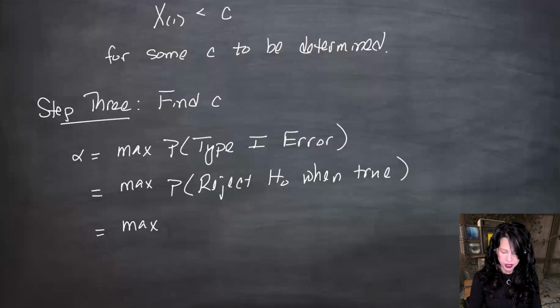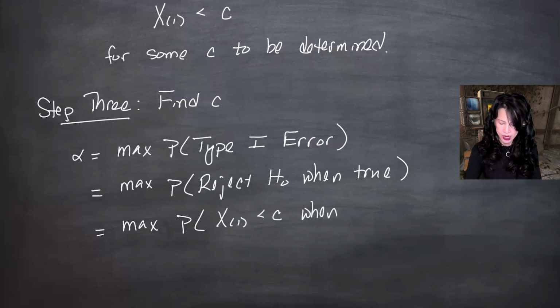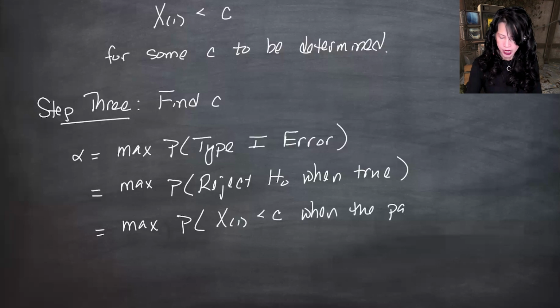So rejection means that our minimum is going to be less than some C, and then it's true is when the parameter is lambda, and that is a variable. But over in the max statement, we're going to look at all lambdas less than or equal to lambda naught.